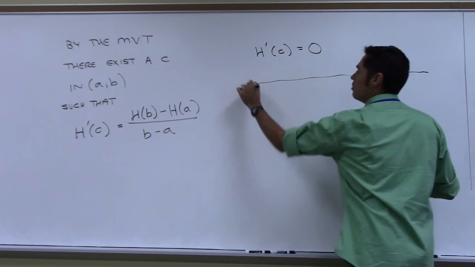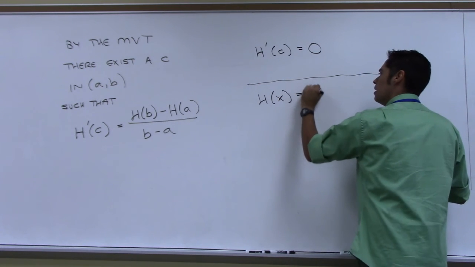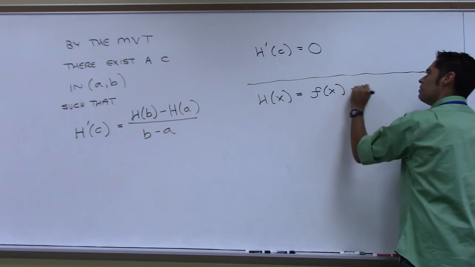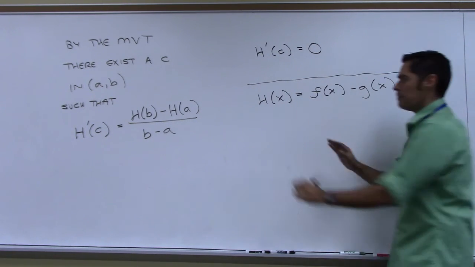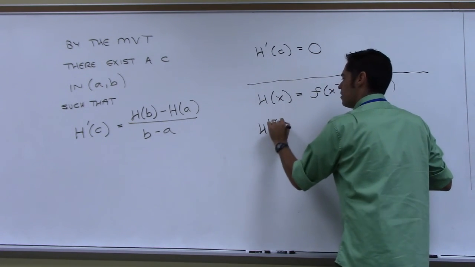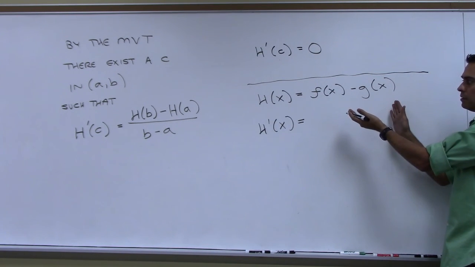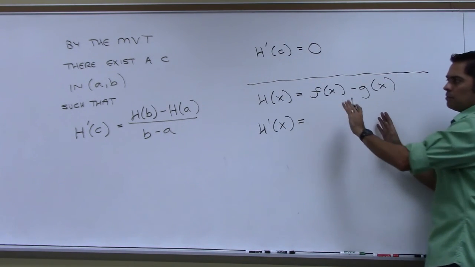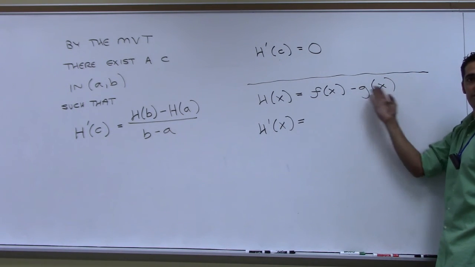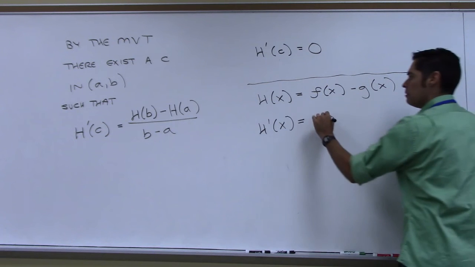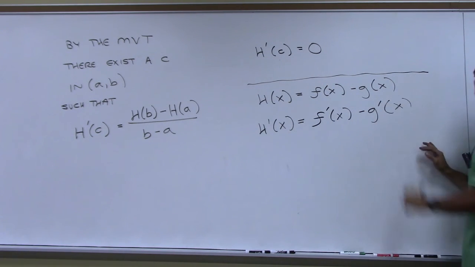Let me remind you, what was h of x? It was f of x minus g of x, right? That's the way I defined it. If I asked you right now to take the derivative, you would say that the derivative of this is equal to the derivative of this side. What's the derivative of this side? No, just the derivative. If you have two things subtracted, how do you take derivatives? Derivative of each one? Right? That's what that would be. Do you agree?